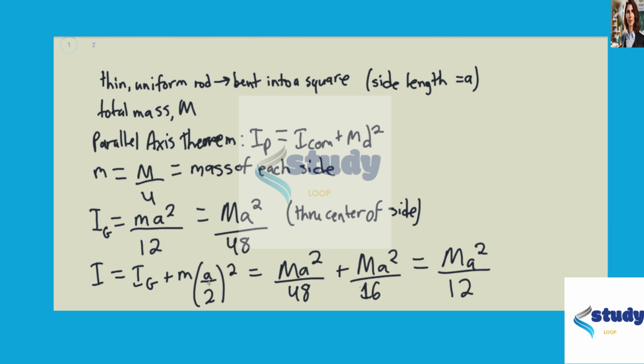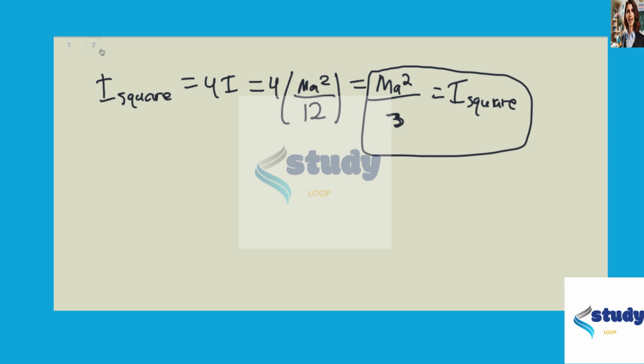That's why here d equals a over 2, because d would be from the side to the center of the square. So a over 2. And then we multiply this I by 4 in order to find the moment of inertia through the center of the square, perpendicular to the square's plane. So this will be your answer. And that's the end of the solution. Thank you for watching.